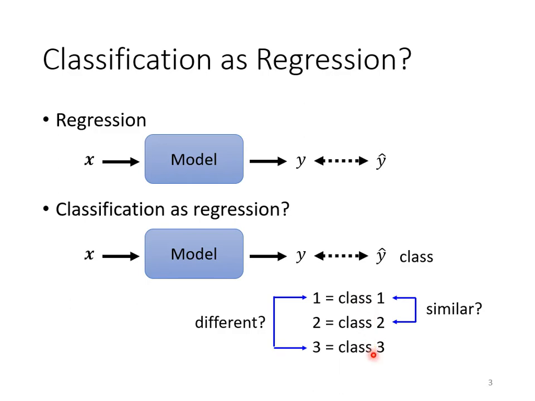But, supposing, among these three classes, there is no specific relation. Assigning that class 1 as 1, and class 2 as 2, and class 3 as 3, is weird, because you hypothesize that 1 and 2 have a relatively close relation, and 1 and 3 have a relatively far relation. So, what should we do?